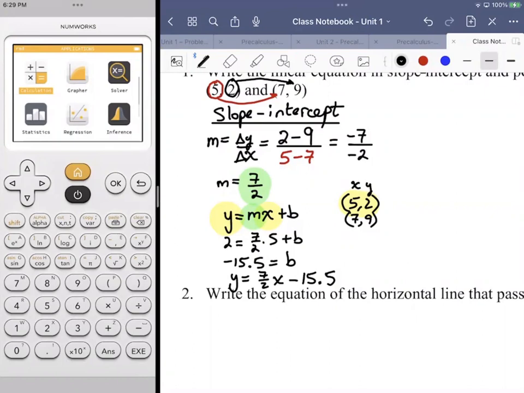So I don't want that to work against you, right? But if you're in the NumWorks calculator, you just turn it on, and again, you just go to numworks.com and you'll see free online emulator. All right, so you can get it on your phone. This is the app. And I think it's pretty useful as far as free apps go.